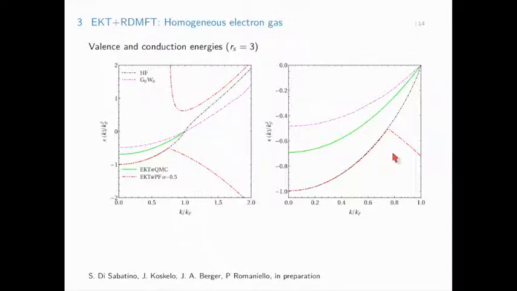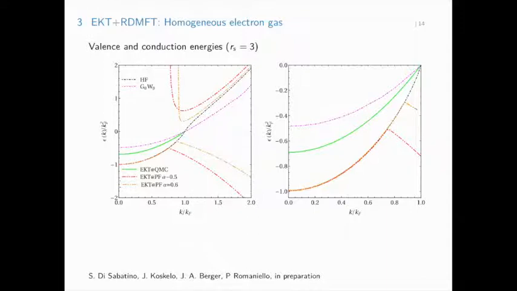If we increase the value of alpha to 0.6, we tend to close the band gap. However, for the valence, we are still too close to Hartree-Fock. So this means that with this kind of functional, the best result that we can obtain is Hartree-Fock for alpha equal 1. This clearly shows that something is missing in this kind of functionals.